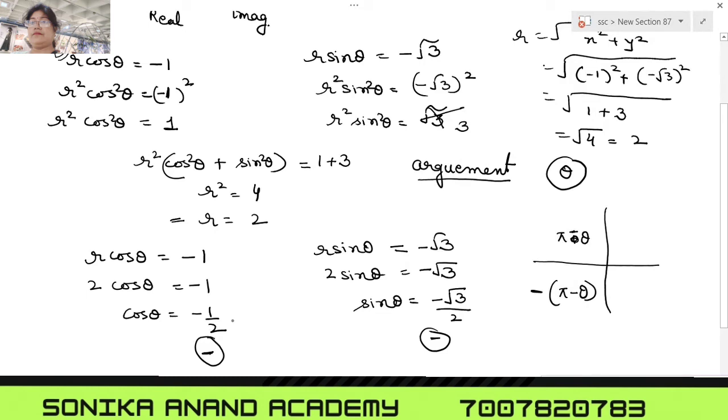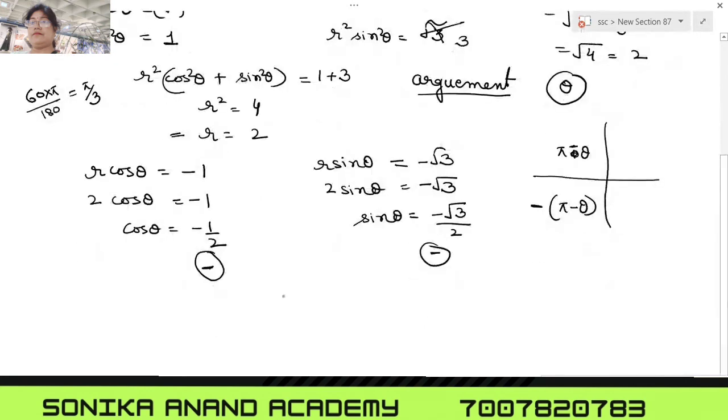When we convert 60 degrees, pi into 60 by 180, we get pi by 3. Clear? So the argument is minus 2 pi by 3.